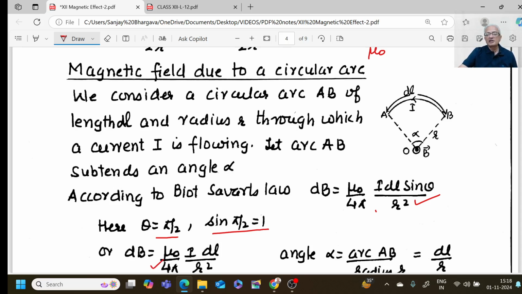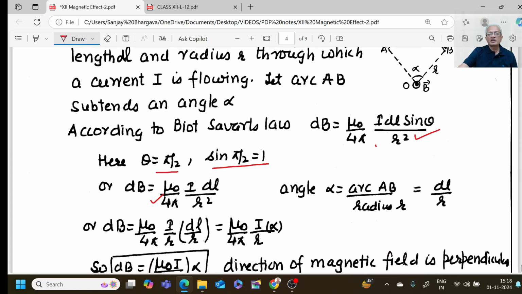Now what does the figure say? Angle can always be defined as the ratio of arc upon radius. So it is arc AB upon radius r. So it would be dl upon r. So this equation can be rewritten as mu 0 I upon 4 pi r dl upon r. And instead of dl upon r, I can write angle alpha. So what is the magnetic field due to a circular arc?